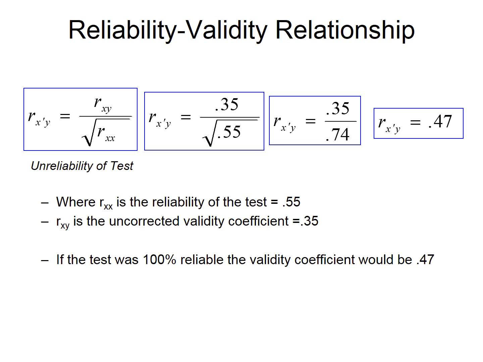That's the final number that we get from this equation. And it also illustrates how unreliability weakens our validity. So if we had perfect reliability, we would have had a relationship of 0.47. But we didn't have perfect. We had kind of poor reliability, 0.55, and that's why we actually got the uncorrected validity coefficient of 0.35.